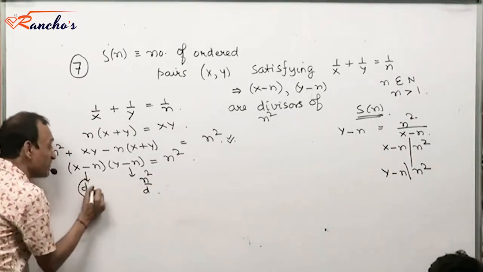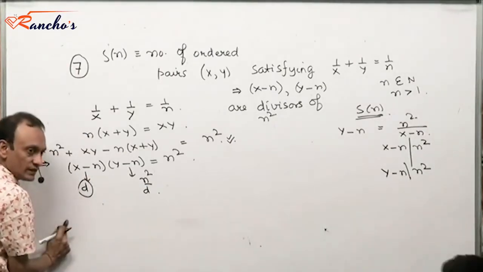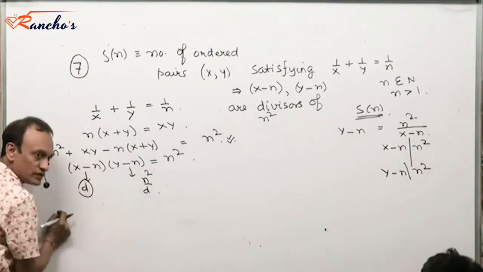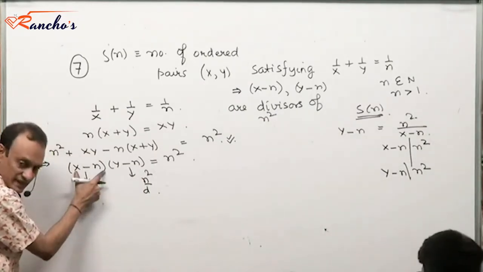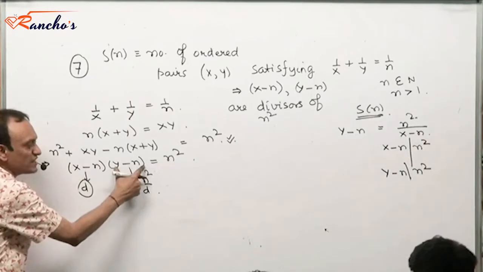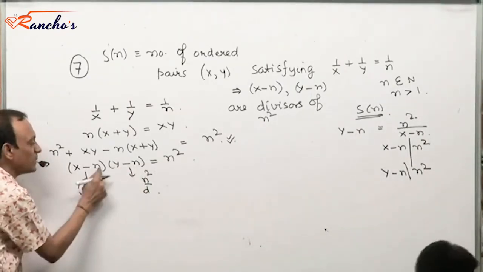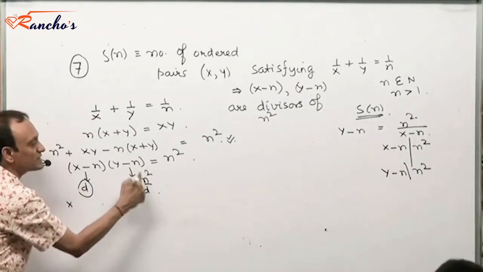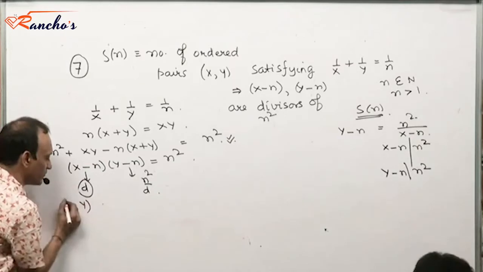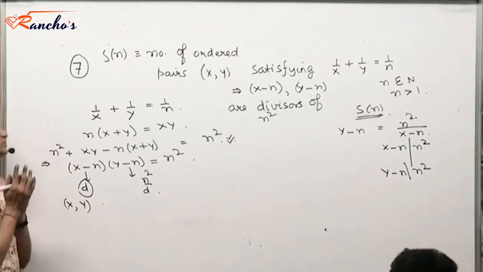So if I select a divisor d, then I know the value of x uniquely, and I also know the value of y uniquely. Yes or no? Every divisor d, which is say x minus n, fixes the other divisor y minus n, which is n squared by d. And x minus n equal to d will give me one value of x, and y minus n equal to n squared by d will give me another value of y. Yes or no?